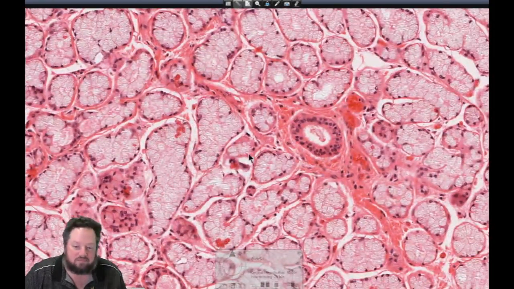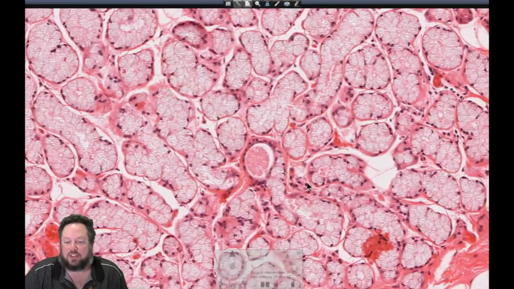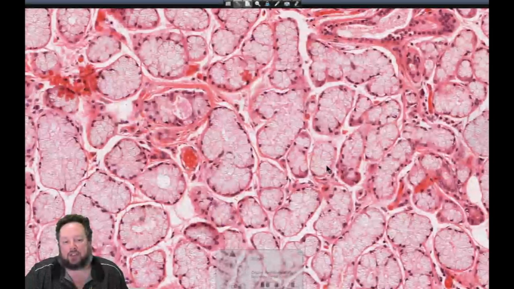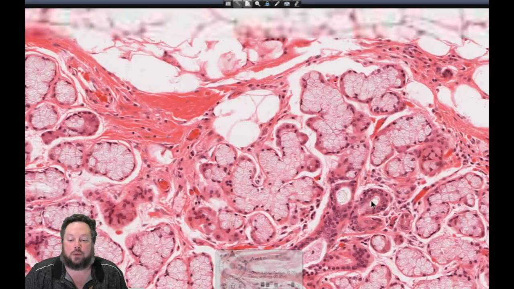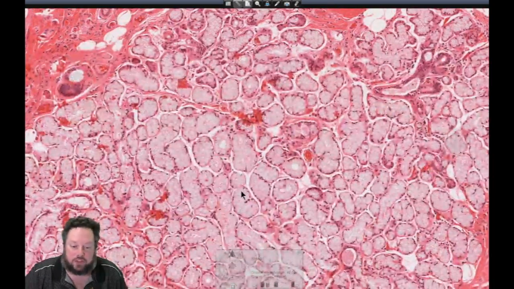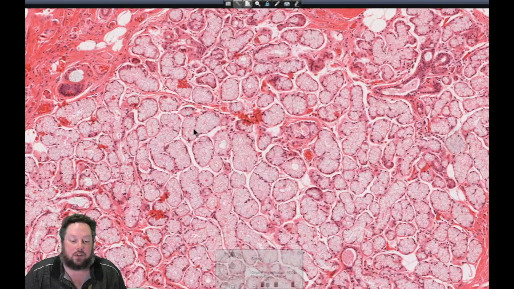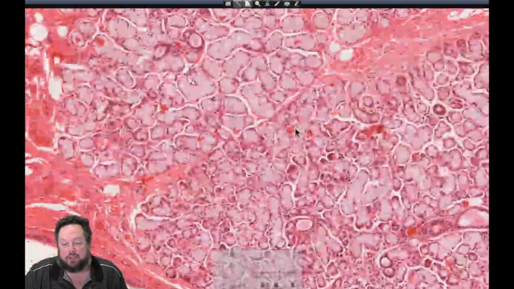There are intercalated ducts definitely, and then the larger ones we just identify as striated ducts, although they tend not to have the typical striated appearance like we were looking at in the other glands. But you can see how much is mucus. It's just all mucus, and then the odd serous demilune on the surface there. So those are the major salivary glands.